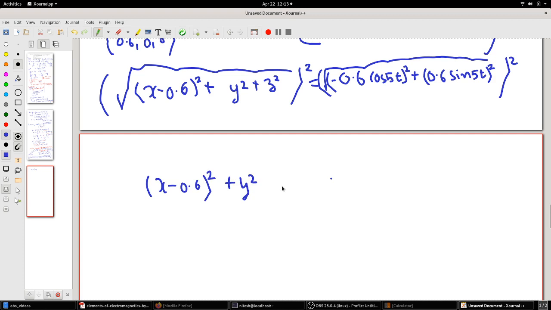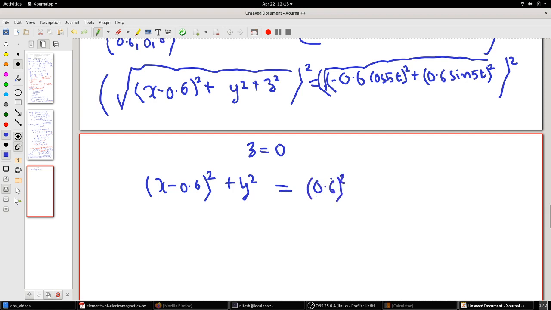Z is always 0, so I can neglect that part, since the z position of the particle is always in the xy plane. So this will be 0.6 the whole square.